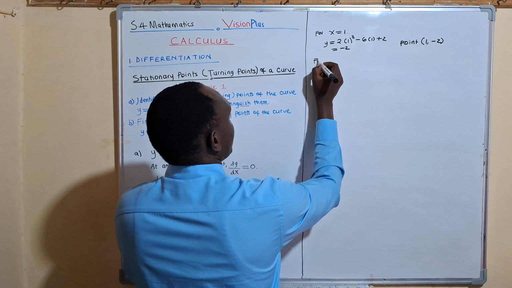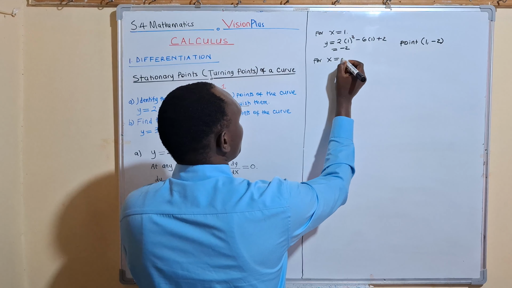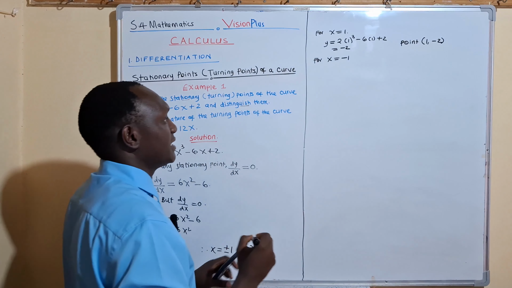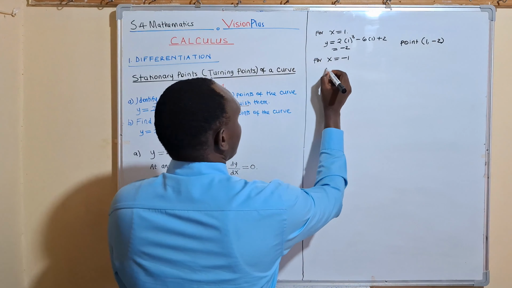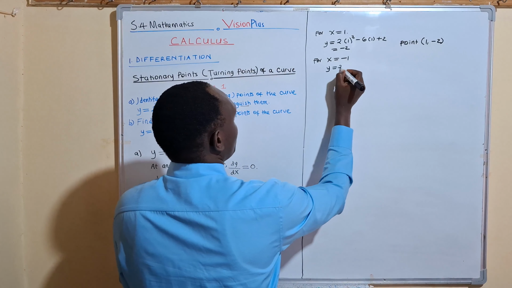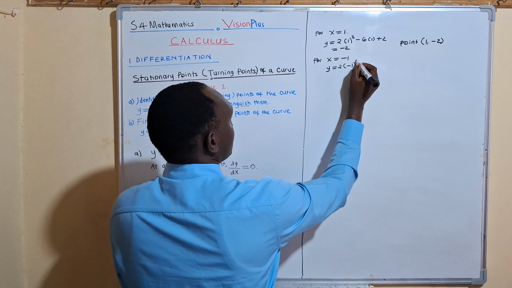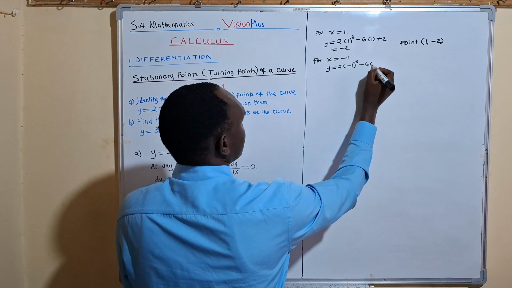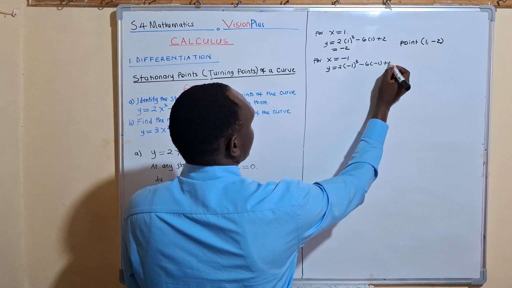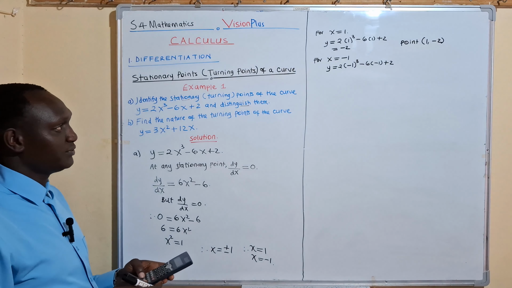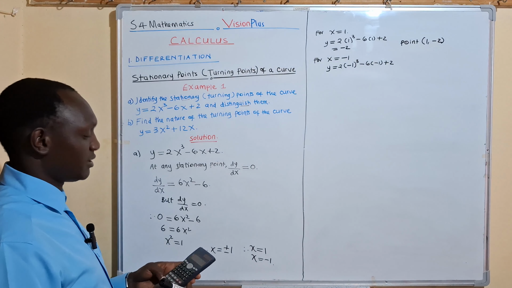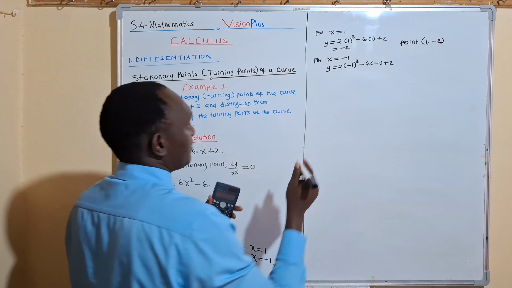We also can say for x equals negative 1, what is the corresponding value of y? You come and substitute again. y equals 2 times negative 1 cubed, minus 6 times negative 1, plus 2. So we shall have negative 2 plus 6 plus 2. I'm getting 6 here.